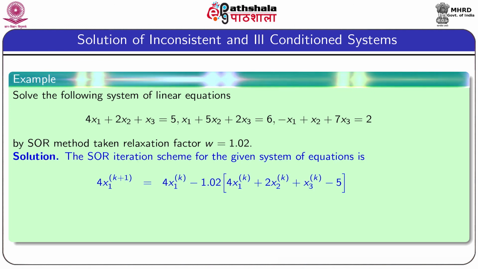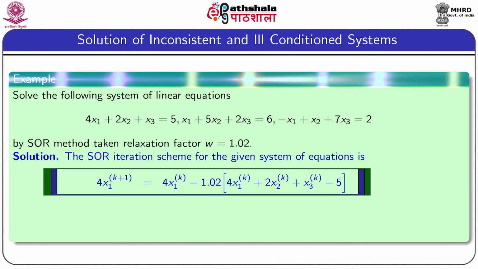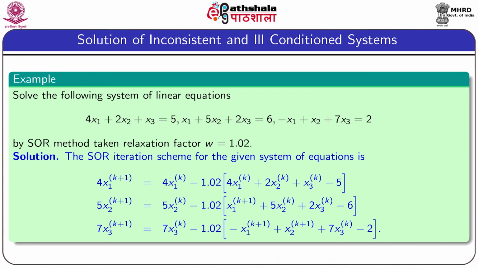The SOR scheme, that means successive over relaxation scheme, is given by 4x1^(k+1) equal to 4x1^k minus 1.02, that one is the relaxation factor, into 4x1^k plus 2x2^k plus x3^k minus 5. This is obtained from the first equation, and from the second equation we obtain the second iteration scheme, and from the third equation we obtain the last equation.